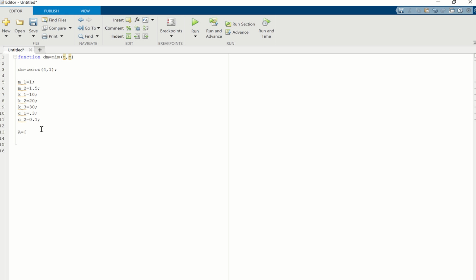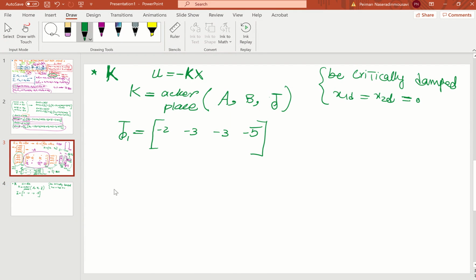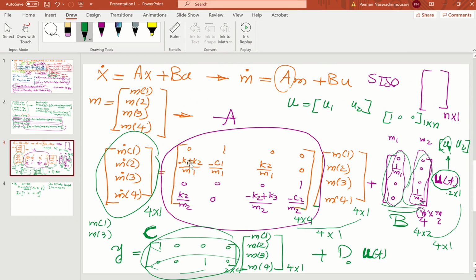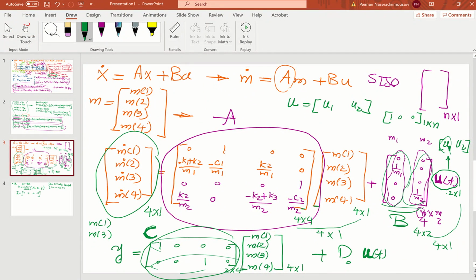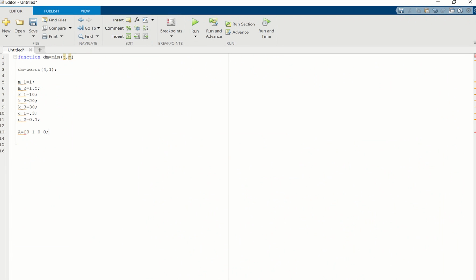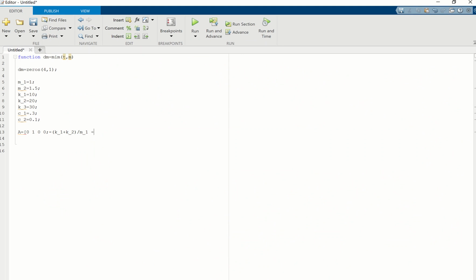Your A matrix is: 0, 1, 0, 0; then minus K1 plus K2 divided by M1, minus C1 over M1, K2 over M1, and 0, as we have defined above.